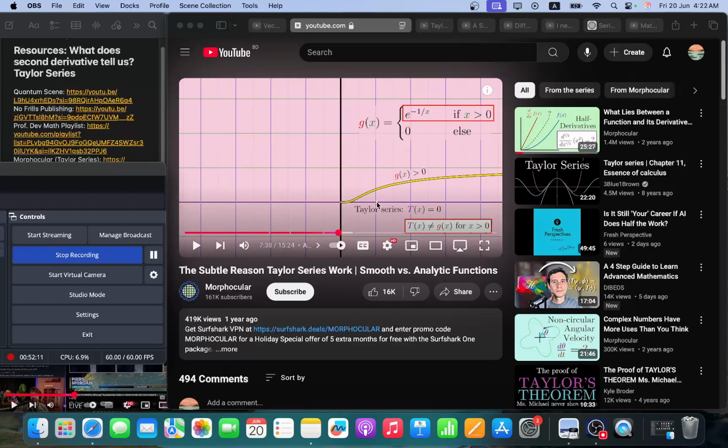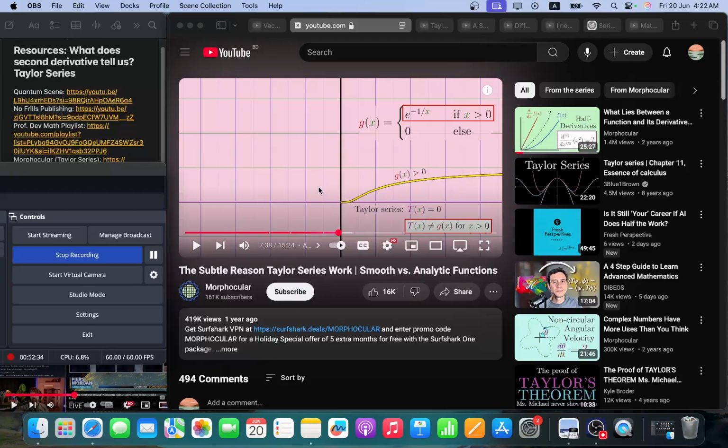Basically the idea here is that at 0 the Taylor series says 0, but the function should be giving us this value when x is higher than 0, so the value from this side doesn't match the Taylor series value that we get.